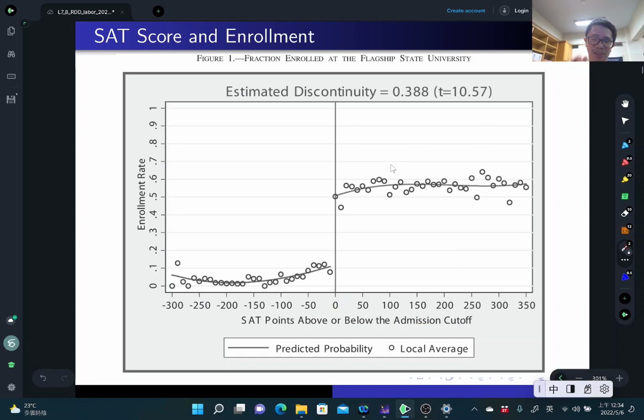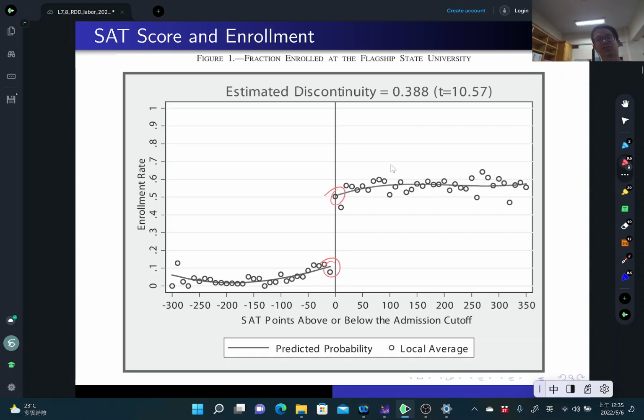So 0 means the minimum score for attending the good school. You can see there's a clear discontinuity in the enrollment rate at the cutoff. If your score is just above the minimum SAT score, the enrollment rate suddenly increases from around 10% to 50%.